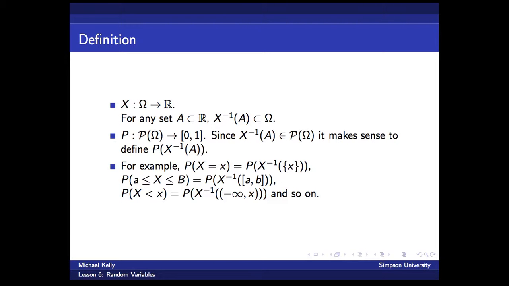Or the probability that X is in the interval from a to b is the probability of the preimage of the interval from a to b. The probability that X is less than or equal to little x is the probability of the preimage of the interval from negative infinity to little x, and so on. So that's how we define the probability of a random variable.